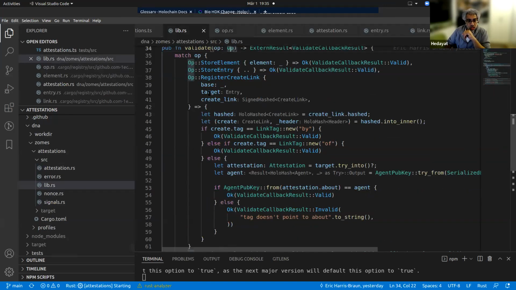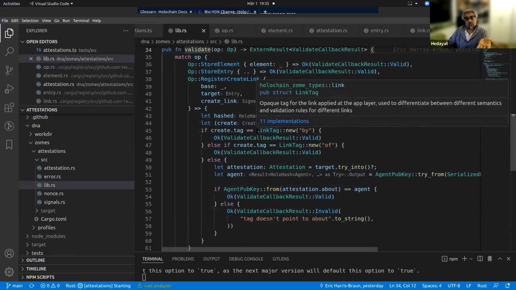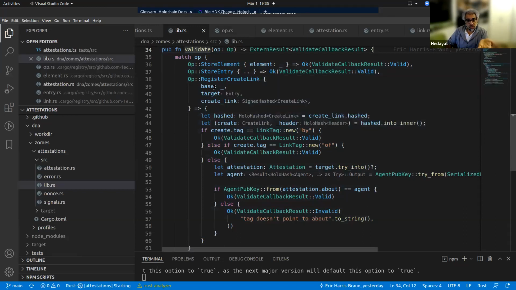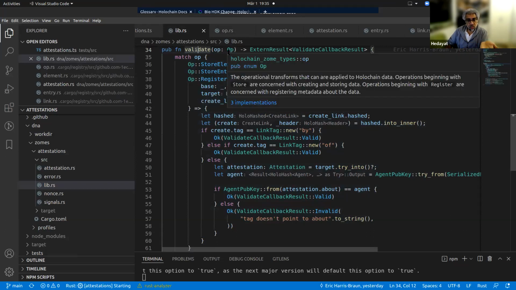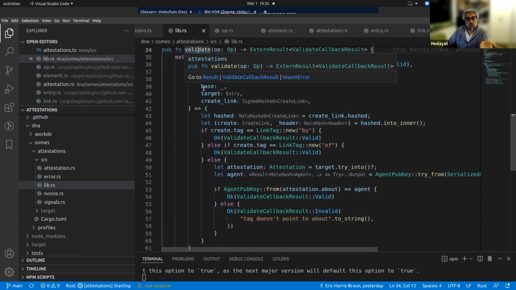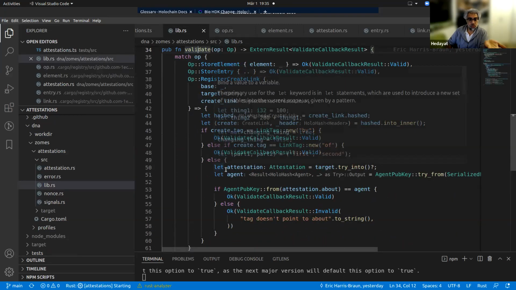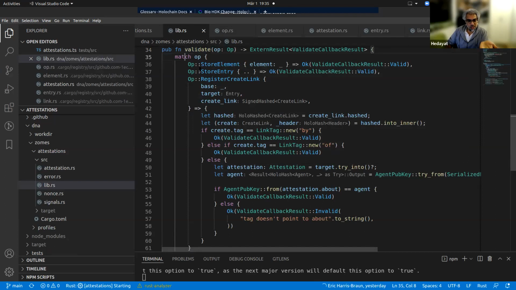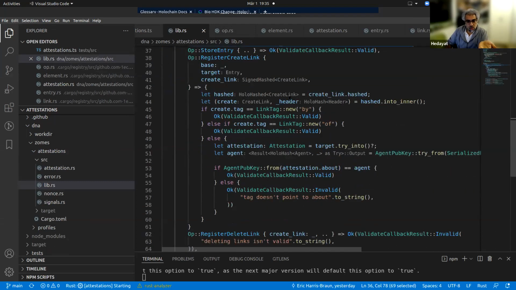When this validate function is called on any HDK function, per each operation this function is going to be called, and we are supposed to put a switch case here. Generally in Rust it is match, but we are calling it switch, to see what operation is coming and then write some validation.